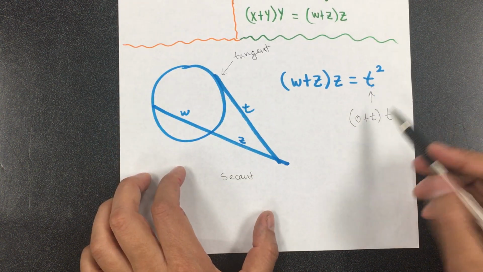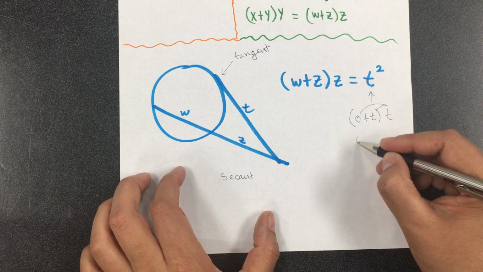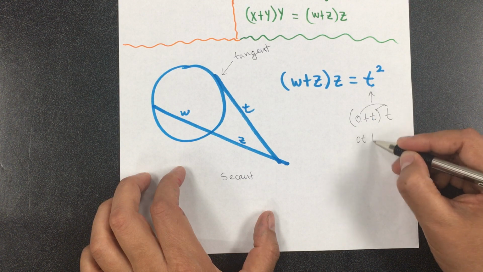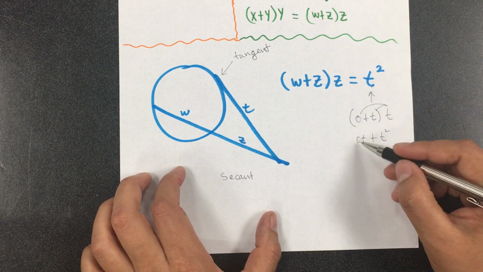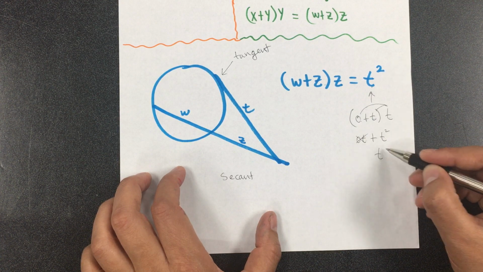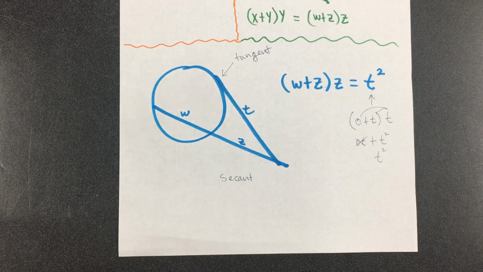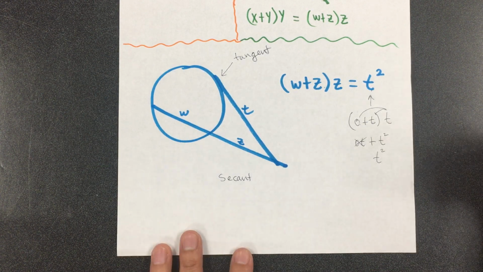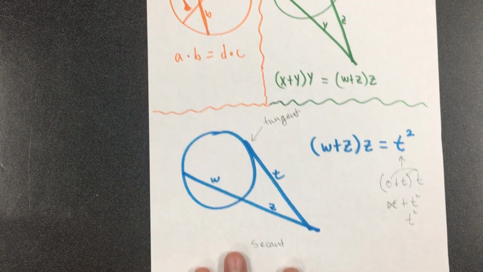Notice how for this part, if we do distributive property, we get 0 times t is 0t plus t times t is t squared. And 0 times t is just 0, so basically we end up with t squared. That's why it keeps the same rule, but again, you don't need to really focus on this if you don't want to. So let's put this into practice.